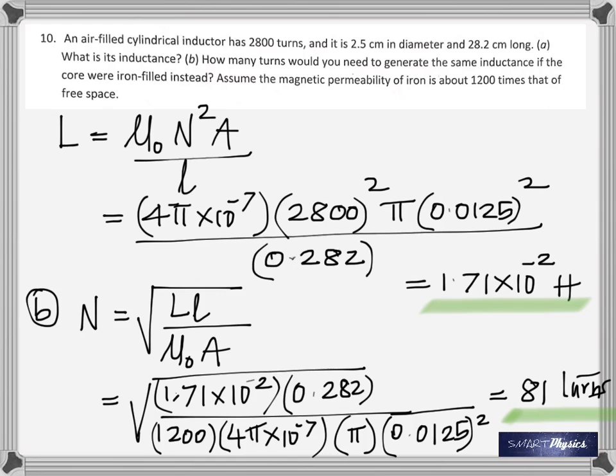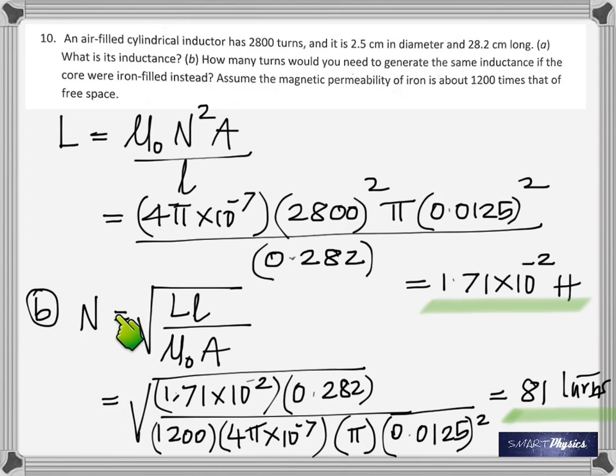And then the B part says how many turns would you need to generate the same inductance if the core were iron filled. So now you'll have to use the mu naught for iron. That's all. Make n the number of turns. Same formula.